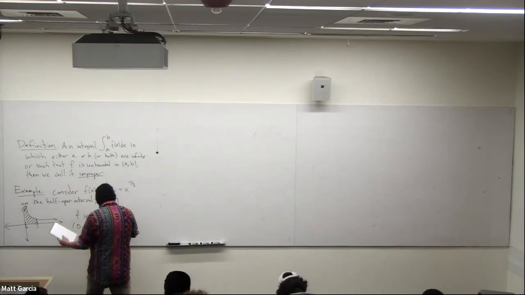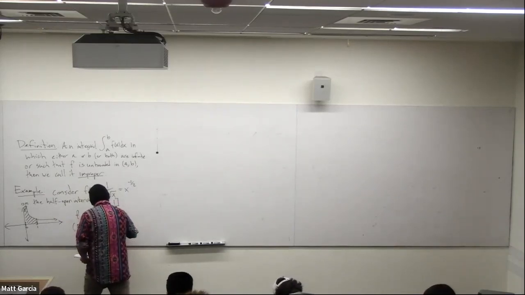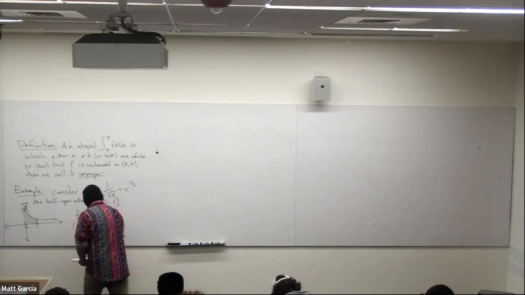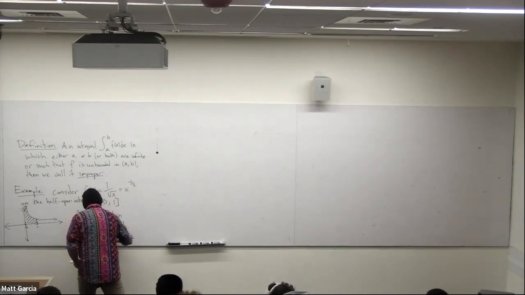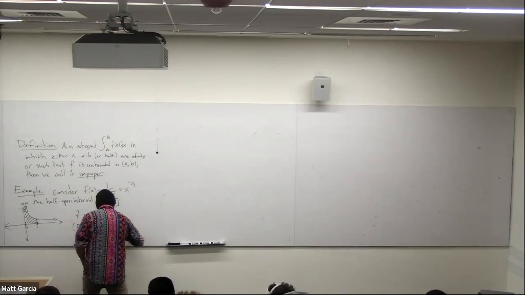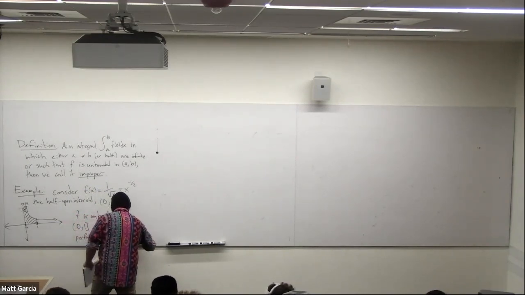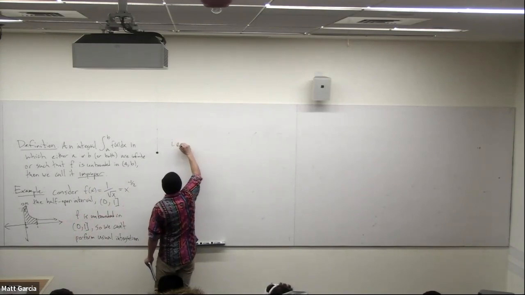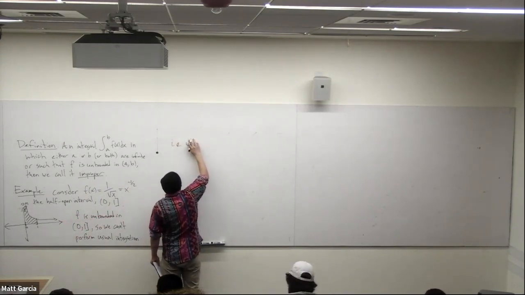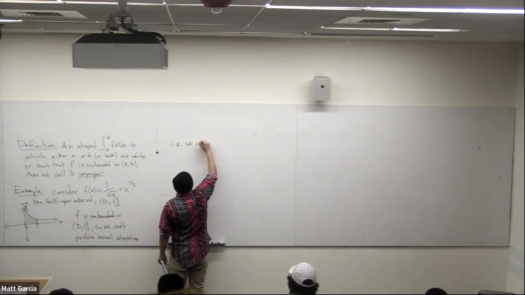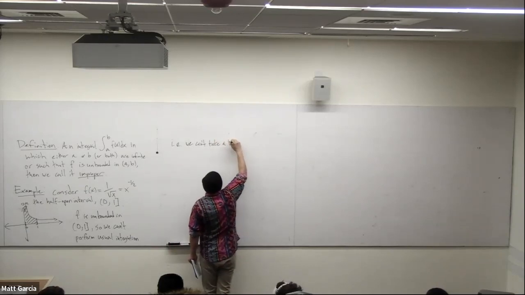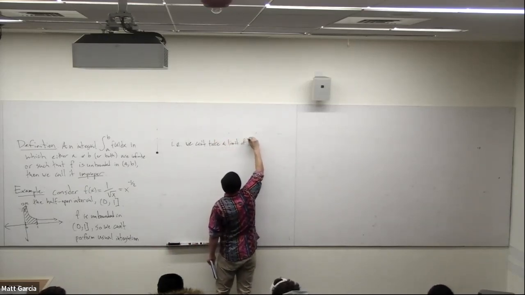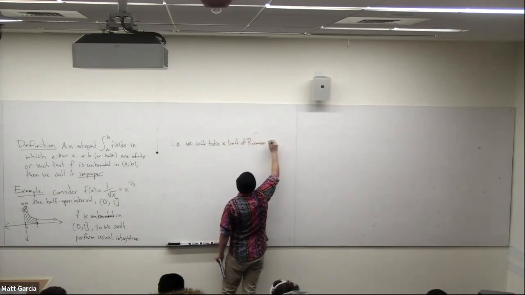So one thing we know for sure, we can't perform usual integration, i.e., we can't take a limit of Riemann sums.